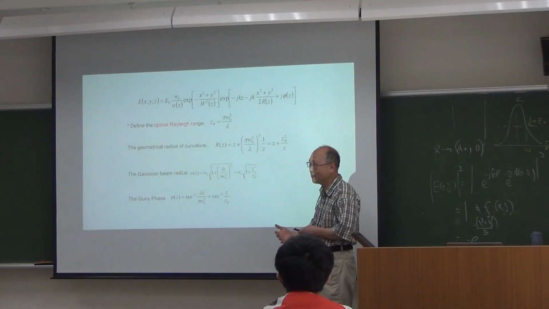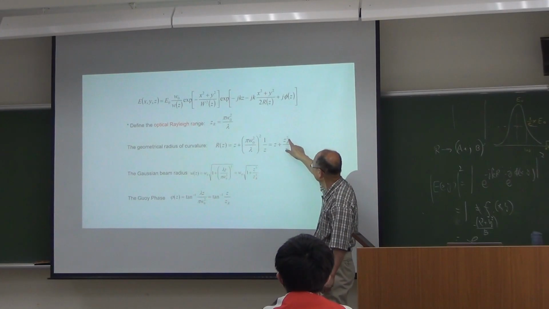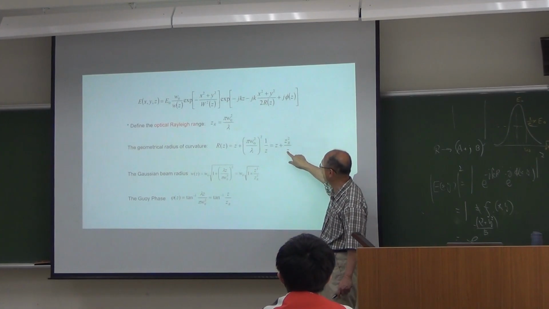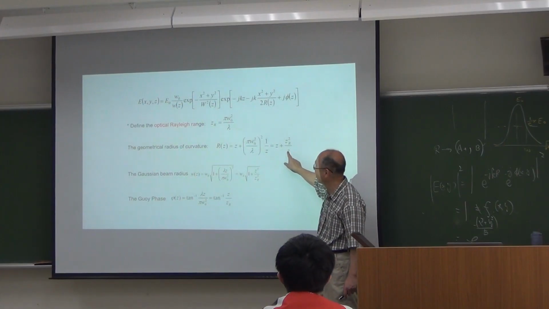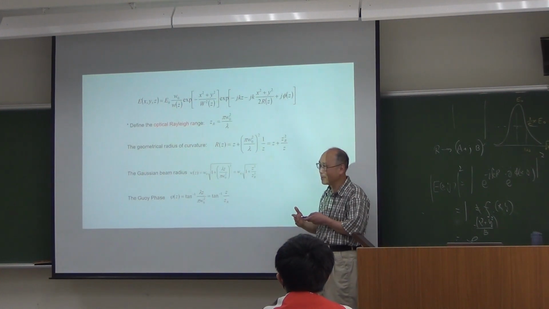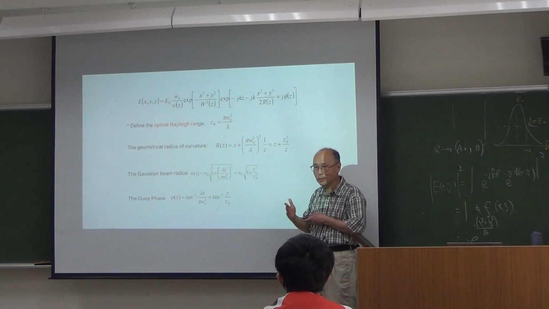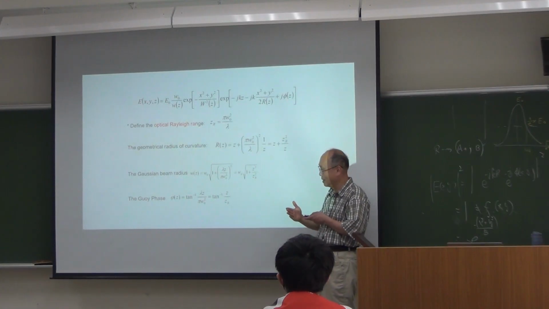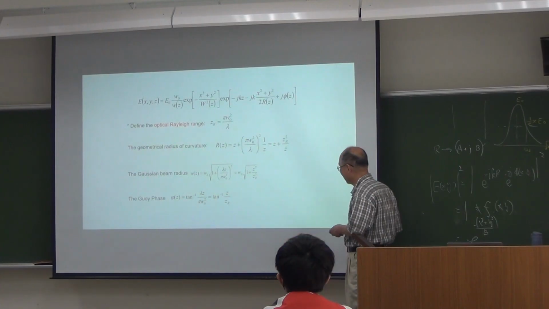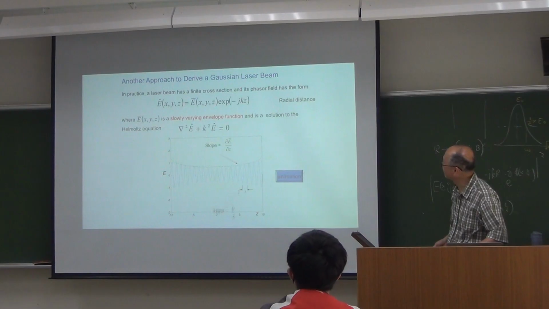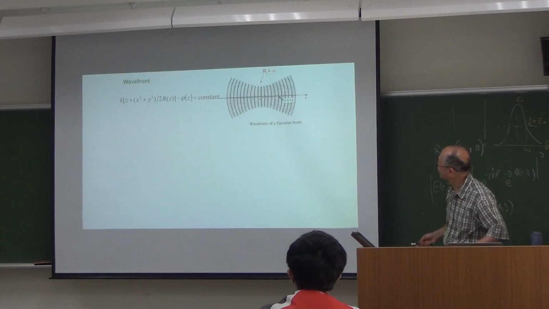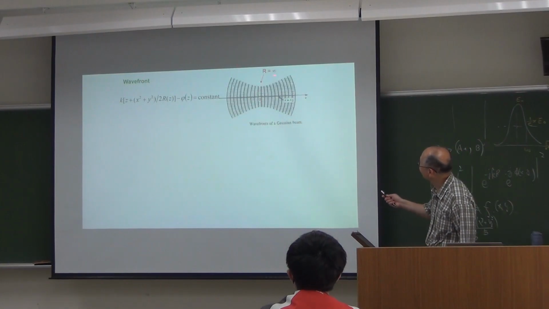All right, but in the near field, the story is different. This is going to play a role in the near field, because when z is equal to 0, what happens? Wow, this becomes infinite. What does it mean? For a Gaussian laser beam at z equal to 0, at the waist location, you have a plane wave-like solution. So the wavefront, if I show you the wavefront right at the center, this is the wavefront.